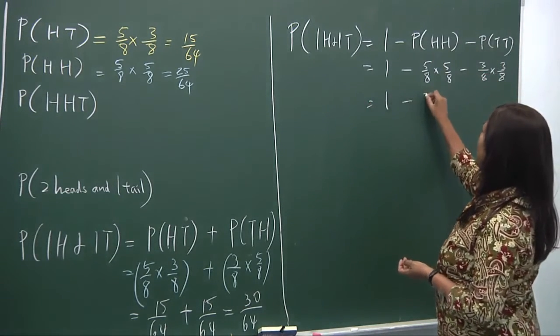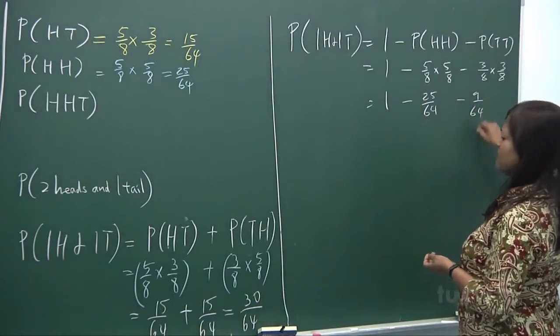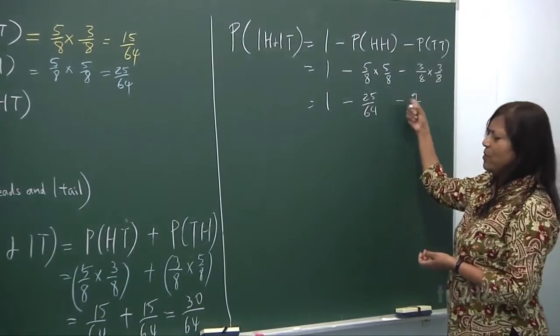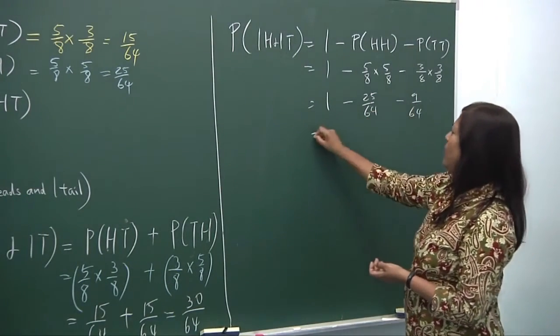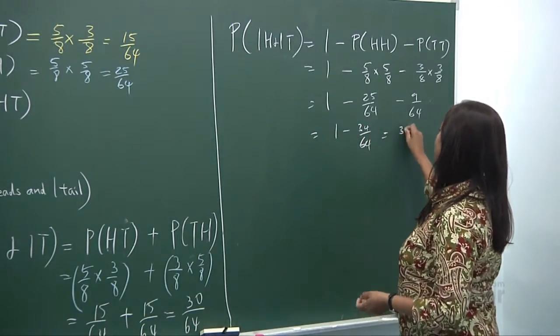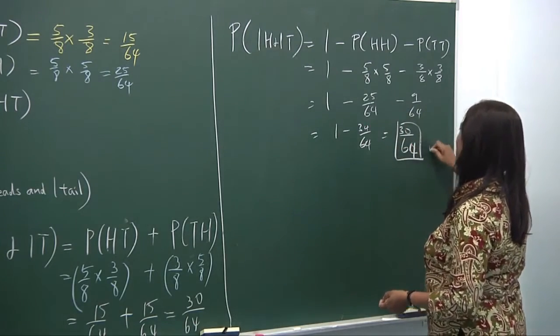You get one whole minus 25 over 64 minus 9 over 64. And you can see when you add these two up, you get 34. One whole minus 34 out of 64 gives us a chance of 30 out of 64.